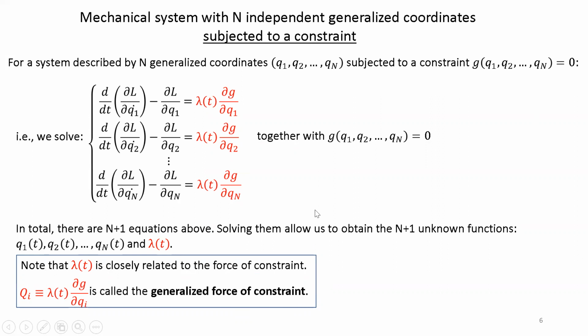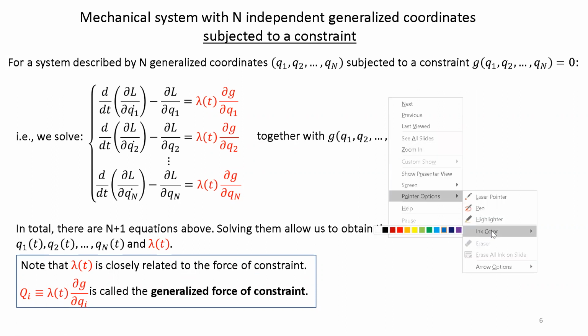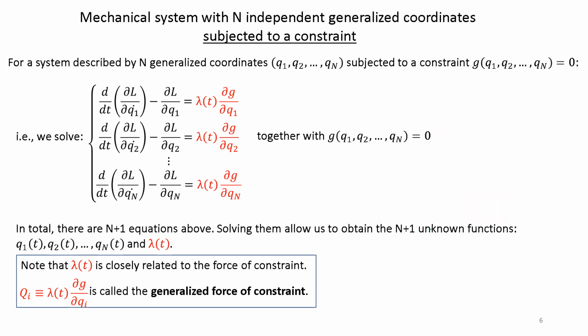Now we might ask, why do these things represent a force, and particularly why do they represent the so-called forces of constraint? Here is a heuristic argument just to give you some intuition. The formal proof is beyond the scope of this course, but I'll give you some intuition.